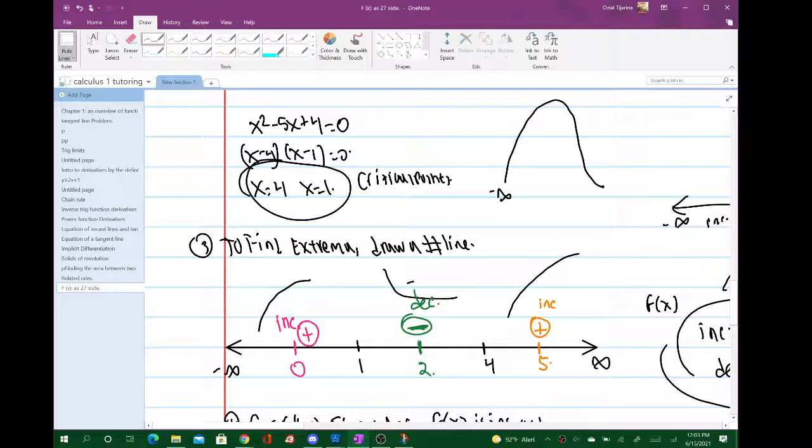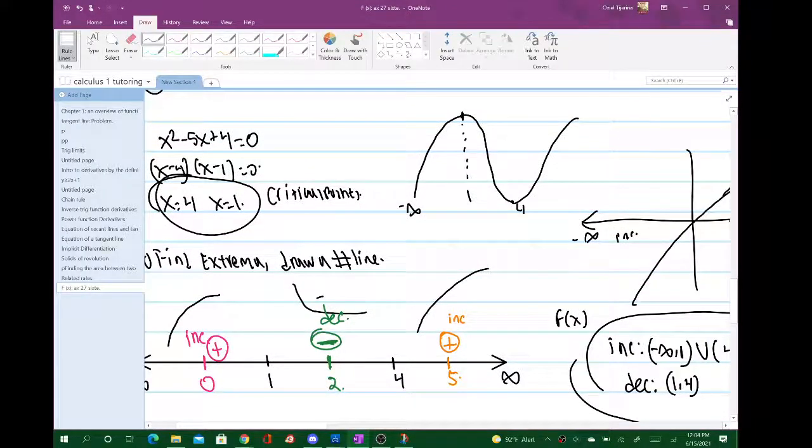Let this be 1, and from 1 to 4 it's decreasing, and then from 4 to infinity, it's increasing again.